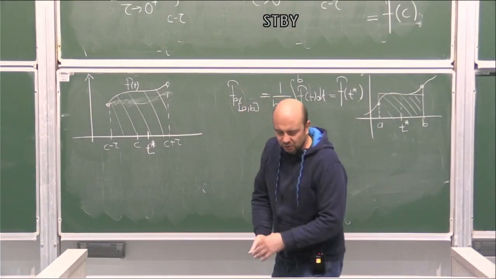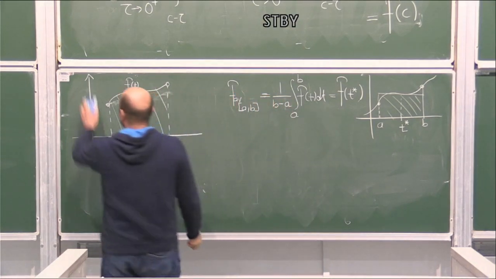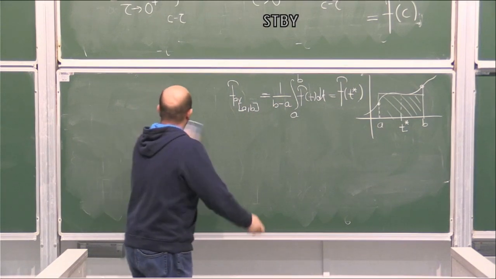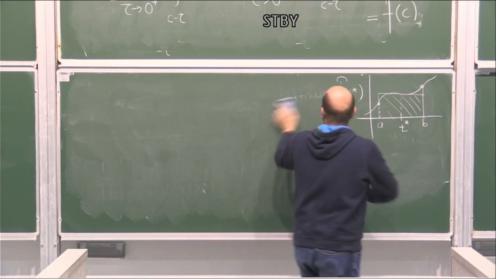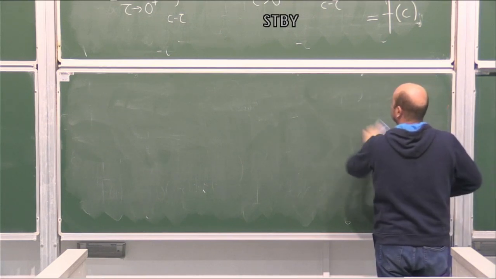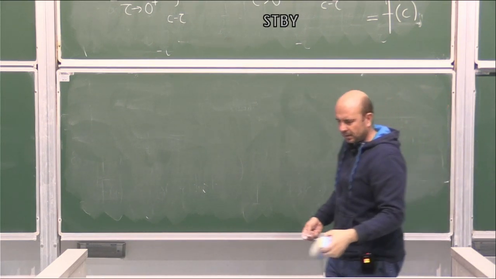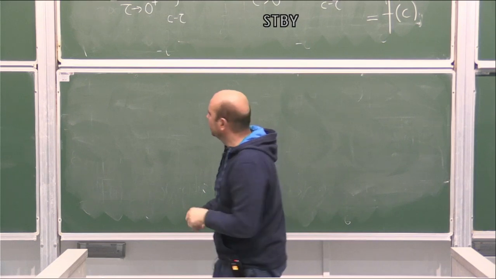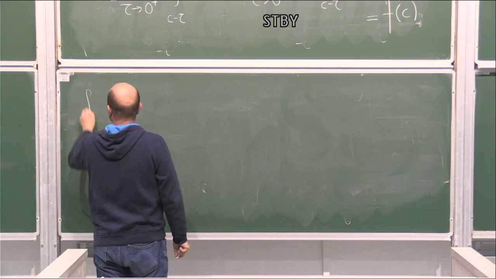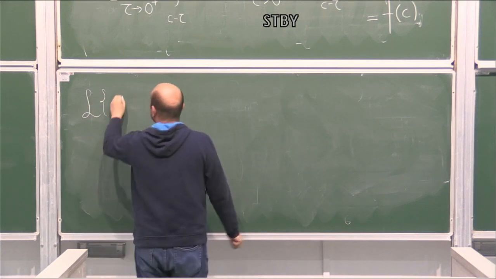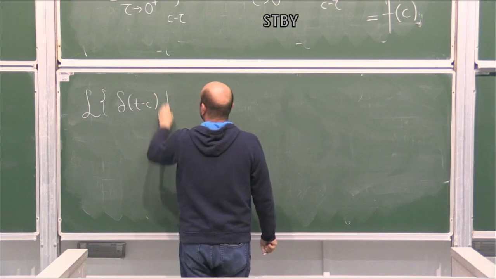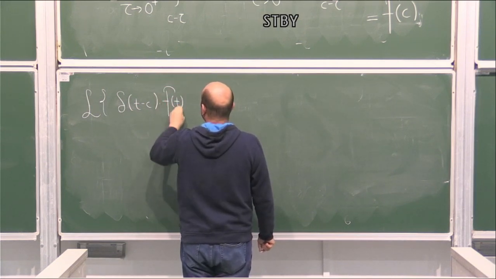So after this computation, now we can check the Laplace transform. All right. Now, let's try to compute the Laplace transform of the delta function at c times f of t.